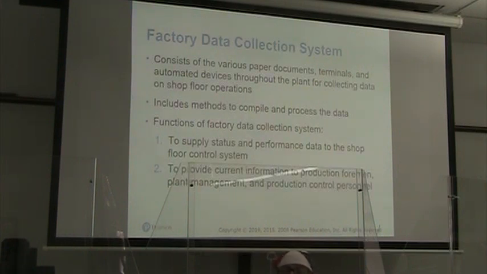The functions of the factory data collection system are to supply status and performance data to the shop floor control system, and to provide current information to the production foreman, plant management, and production control personnel.